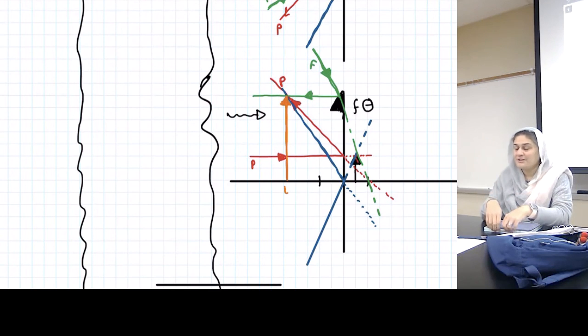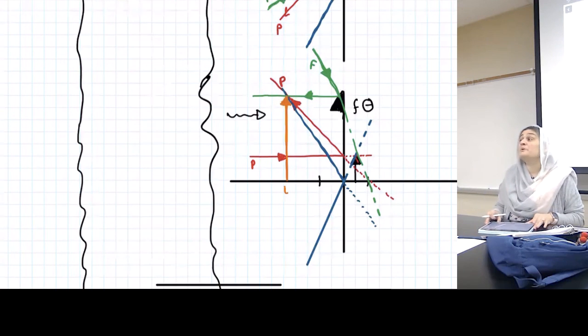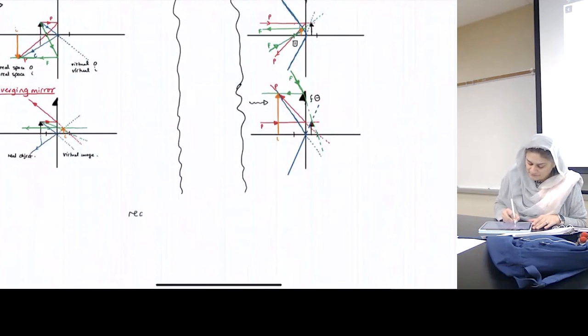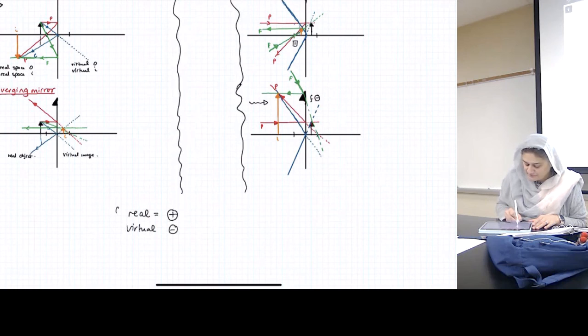And how do we differentiate if you use a lens mirror equation? Your real objects will be positive. Here's a hint: real is positive and virtual is negative.